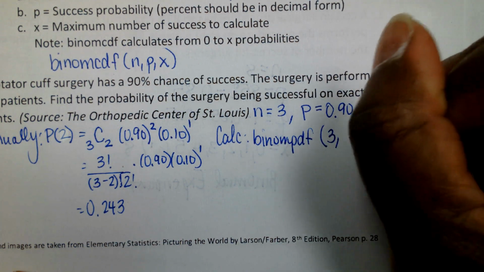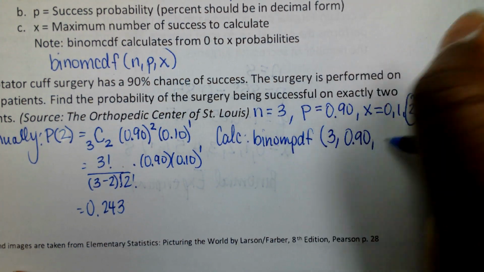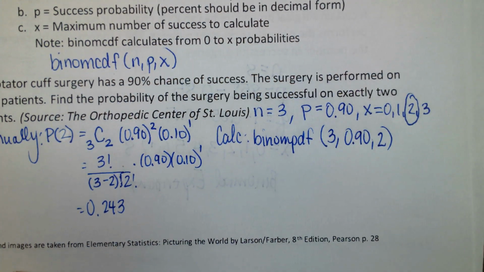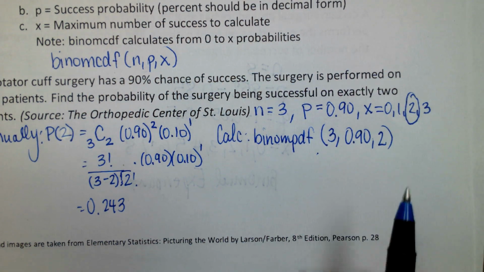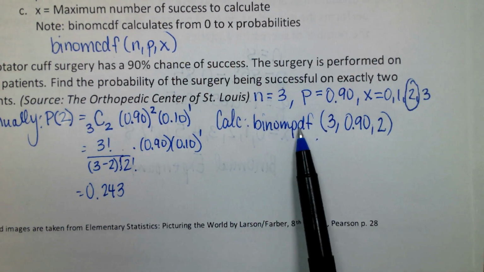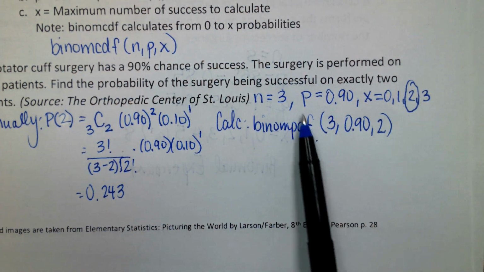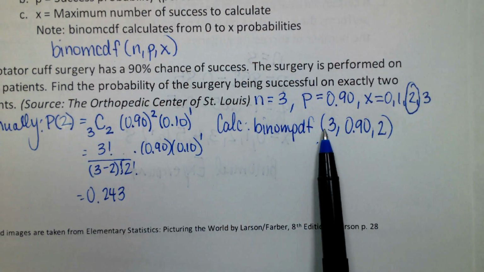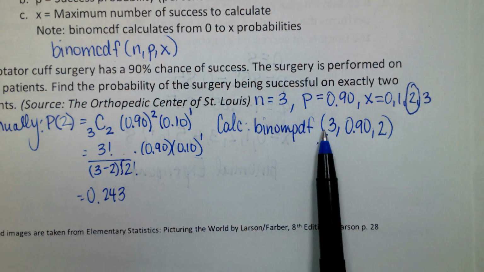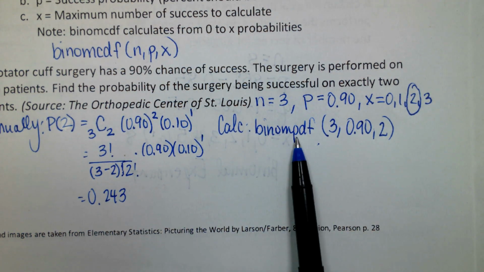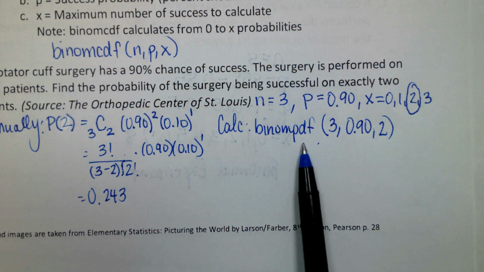It's going to be NPX. I'm going to put it in the calculator. I do this for those who have that older calculator. So I can set it up this way, but then I'm going to put it in the calculator the way I need to. So binomial PDF. We're doing PDF again because we're only asked for exactly 2. So when it says the word exactly, we use binomial PDF.